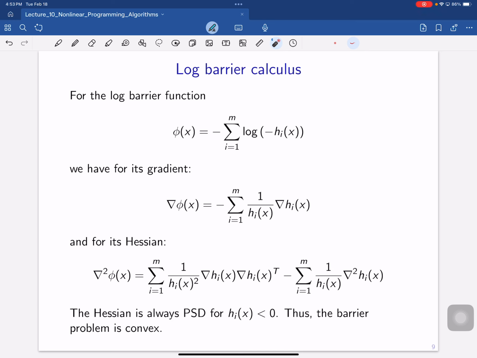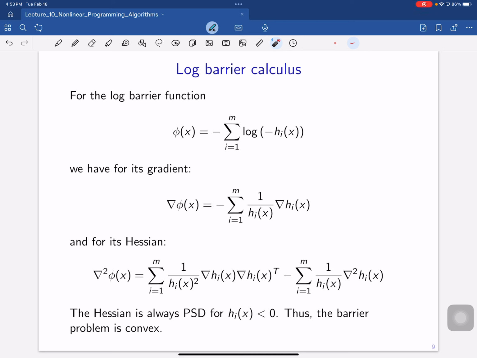So one interesting property, actually a necessary property for the log barrier function, is this: after I introduce the log barrier function into the objective, suppose the original problem is convex and all the h_i(x) are convex. Is this function convex? If this function becomes non-convex, that's a big problem.